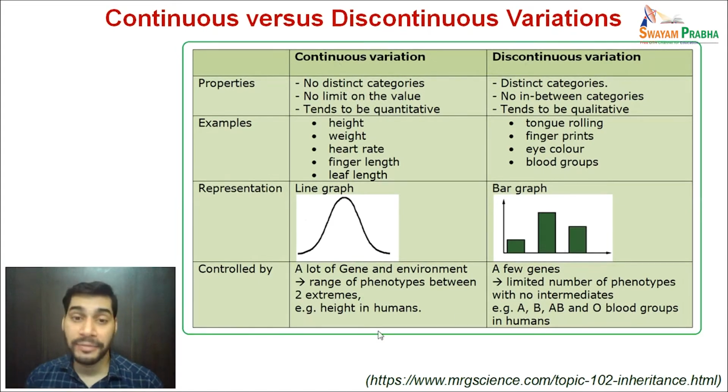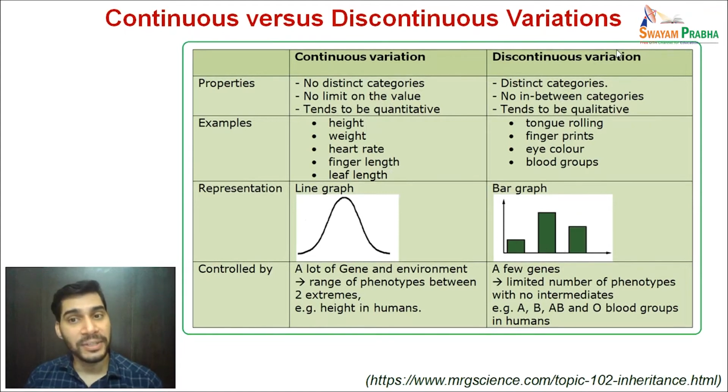But in terms of height of individuals, there cannot be a fixed height, 5 feet, 6 feet, and so on. There are variations among them. There are individuals who are 5 feet 1 inch, 5 feet 2 inches, 5 feet 3 inches, and so on. So there are no distinct categories. Height, weight, heart rate, finger length, leaf length, these are all examples of continuous variations.